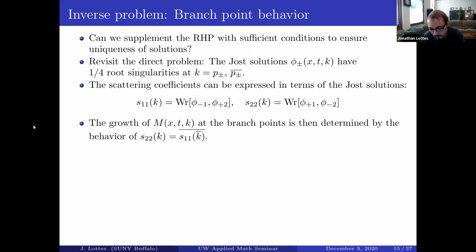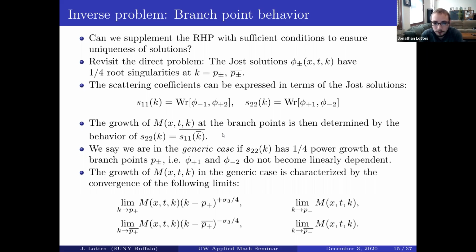So in essence, the growth of the matrix M at the branch points is determined by what happens to the scattering coefficients. And I'll just clarify now that S22 and S11 have this symmetry, and so really, we just need to worry about one of them and the other one follows from that.